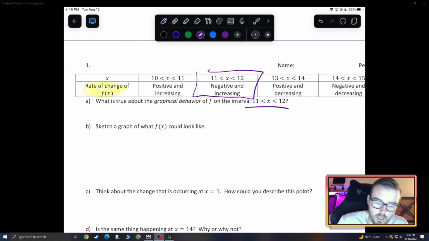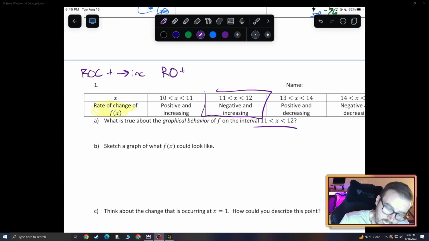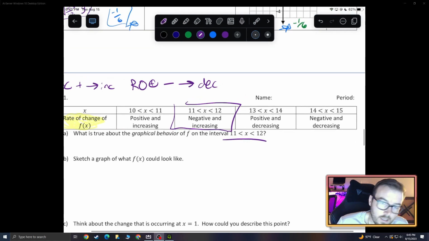The rate of change. Something that we said was that if the rate of change is positive, the function is increasing. If the rate of change is negative, the function is decreasing. Furthermore, and I know I'm going to use some of the same words, but listen carefully.